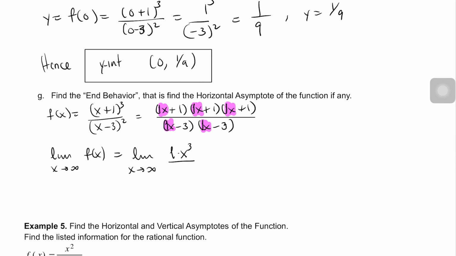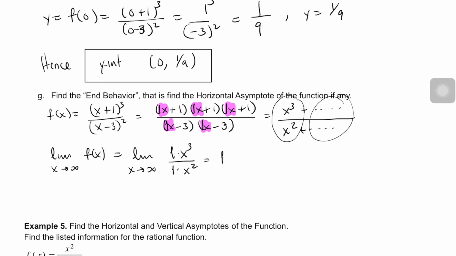The same idea happens for the denominator. This is going to be 1x times 1x, which is 1 times x squared. We really don't need to know the rest, because the behavior of the function will depend on those two.